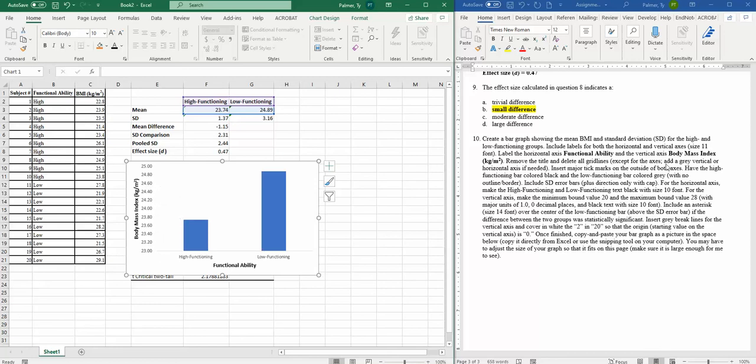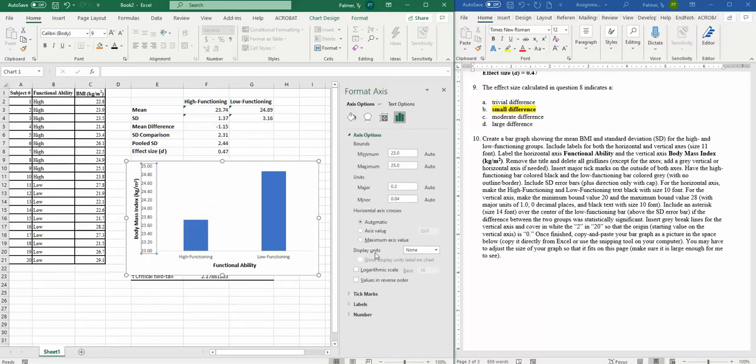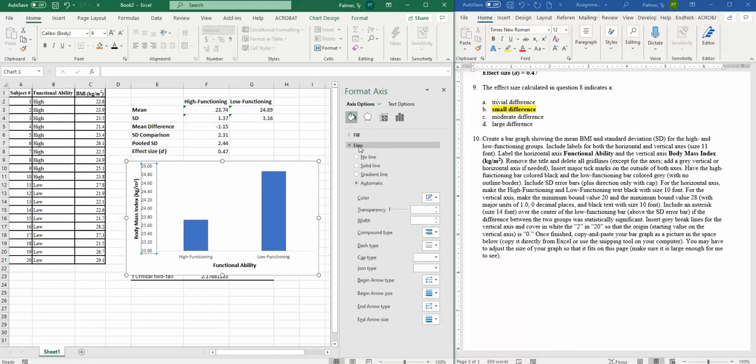So again, like the instructions say, we need to add a gray vertical or horizontal axis if needed. We already have the horizontal axis, but let's add the vertical axis. To do that, click on the vertical values here, and once they're highlighted, right click, go to Format Axis, go to Paint Bucket, go to Line, go to Solid Line, and then go to Gray.